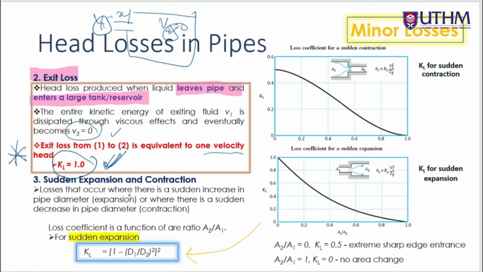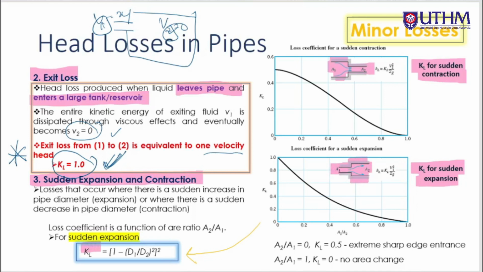And thirdly, if in the middle of the pipe there is a sudden expansion or contraction, there will also be a loss. So this is the graph for the sudden contraction, from large to small, and also KL for sudden expansion, which expands from small to large.